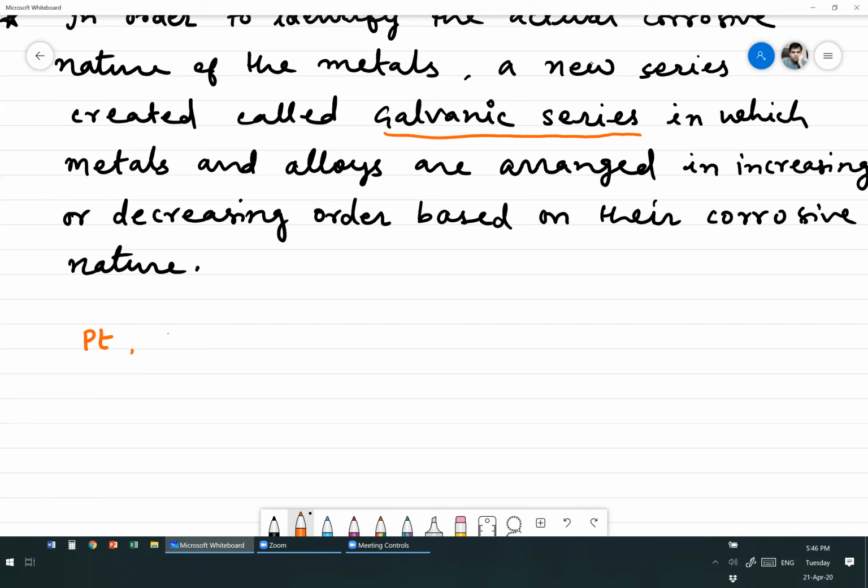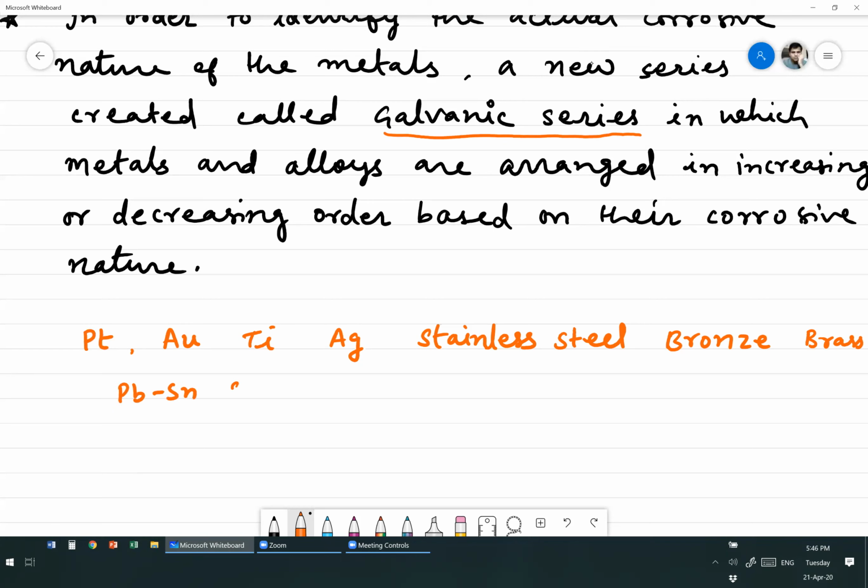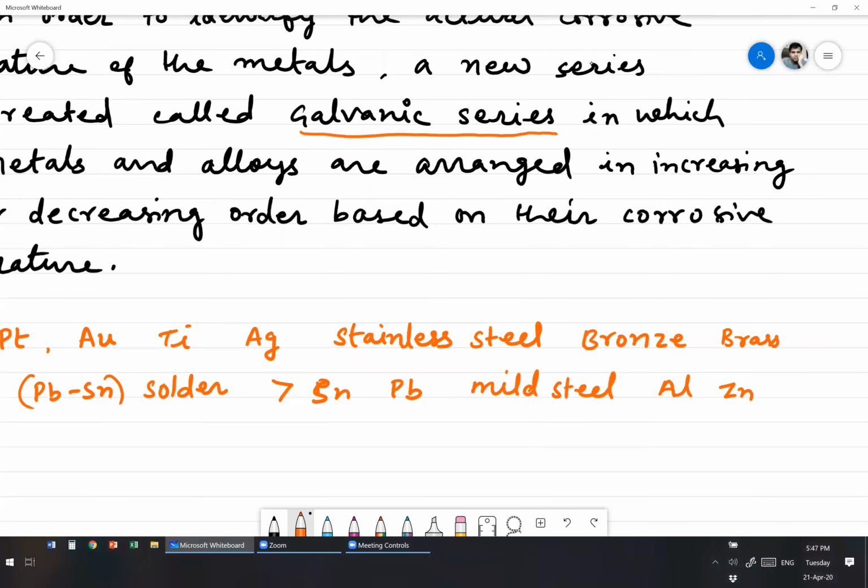So platinum, gold, titanium, silver, stainless steel, and you can see that here we are using an alloy, bronze, brass, tin solder, tin metal, lead, mild steel, which has a small amount of carbon, aluminum, zinc, and magnesium.